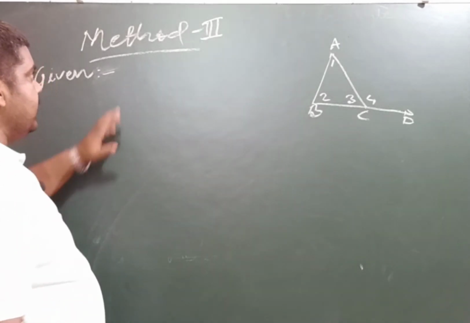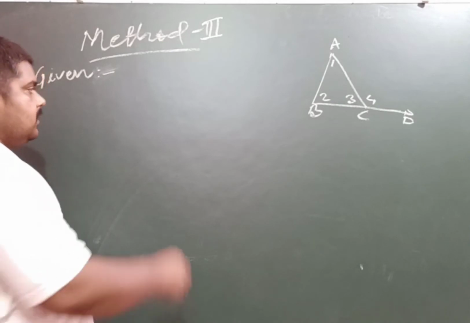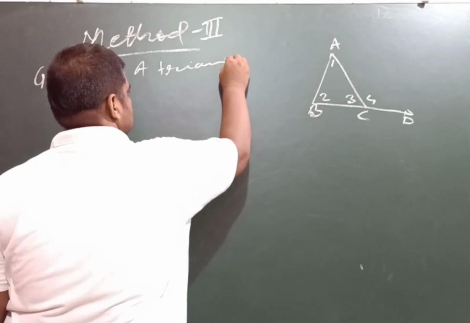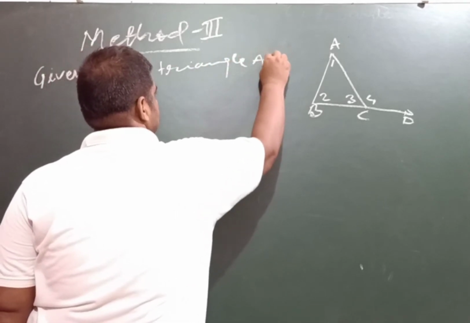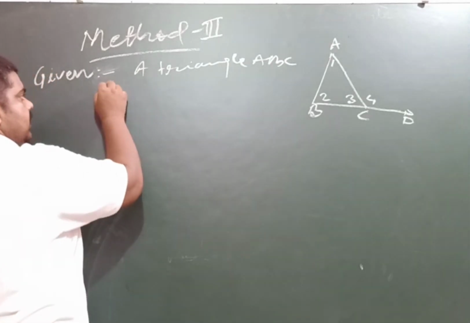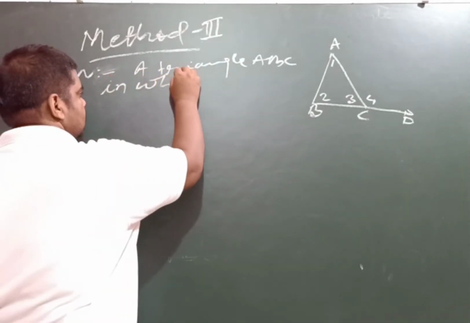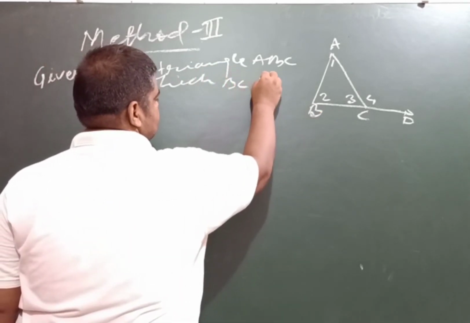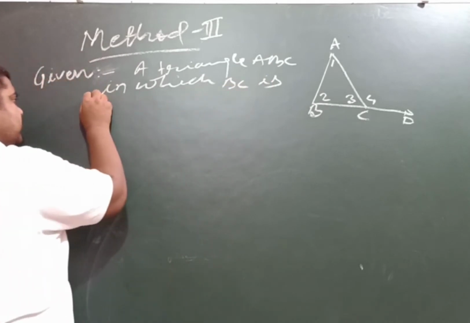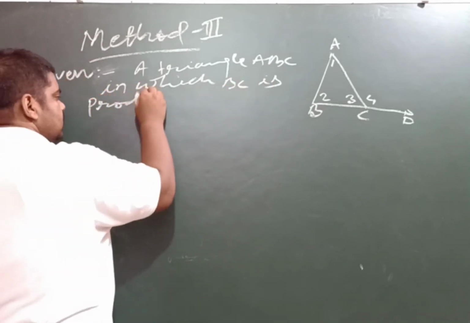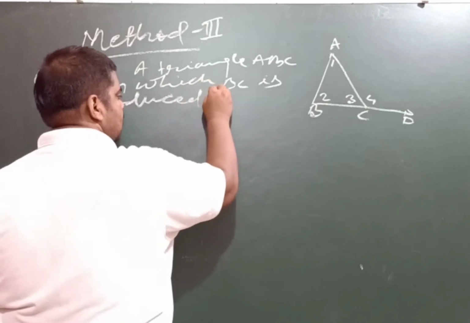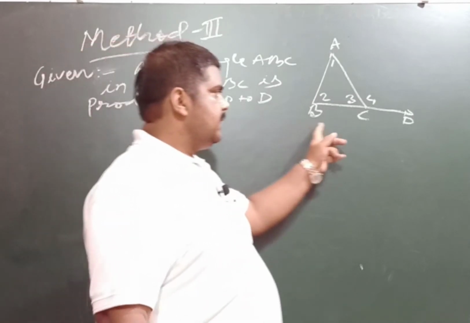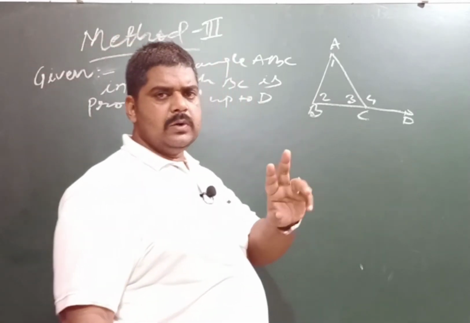In the third method, given a triangle ABC, in which BC is produced up to D. BC is produced or extended; two words you can use.